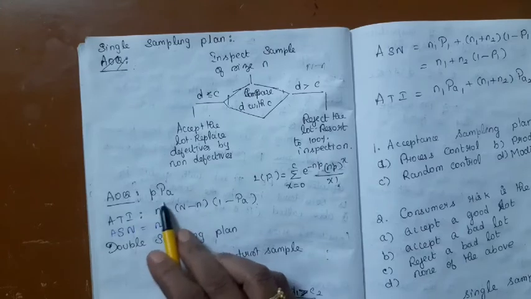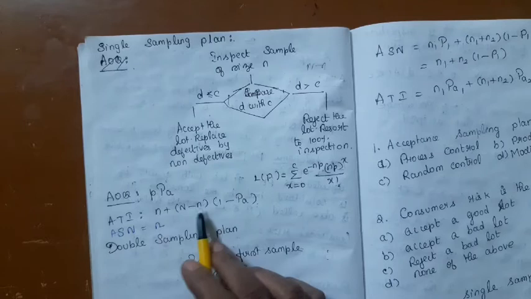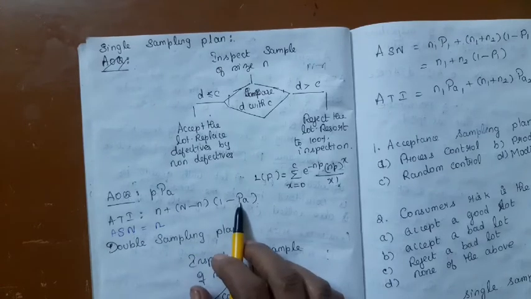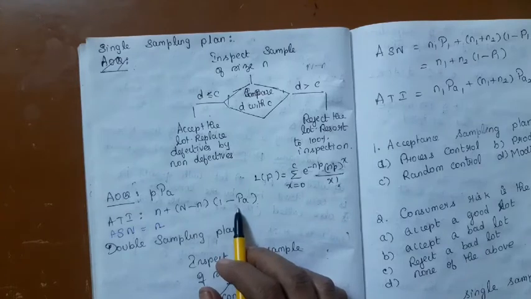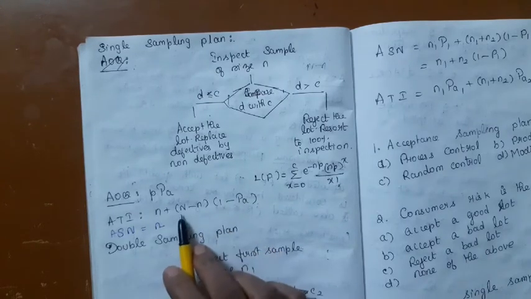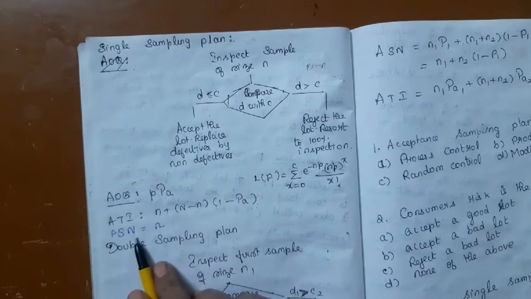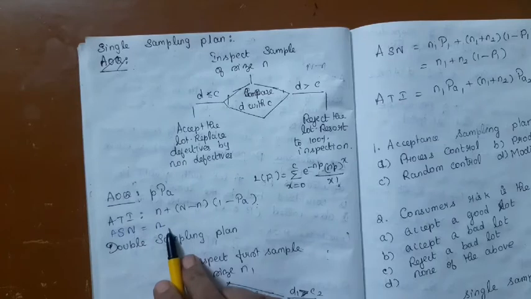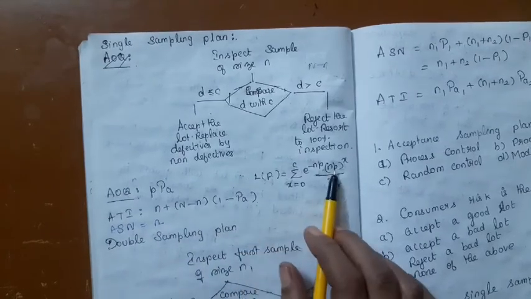ATI is n units are inspected first, and if the lot is rejected, the remaining N minus n units are also inspected. Probability of rejecting the lot is 1 minus PA, and N minus n into 1 minus PA is the average total inspection when added to n. The average sample number is n, and this is the OC function for single sampling plan.